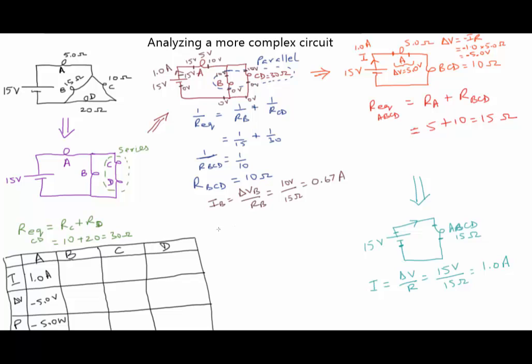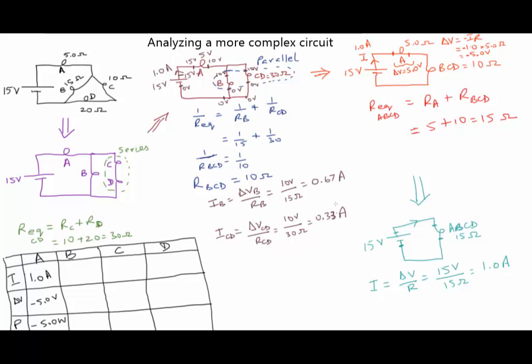So let me go ahead and do that. I see the current in this second arm of this parallel circuit is going to be ICD, delta VCD divided by RCD. I know that the delta VCD is 10 volts. The RCD is 30 ohms. So this gives me 0.33 amps.